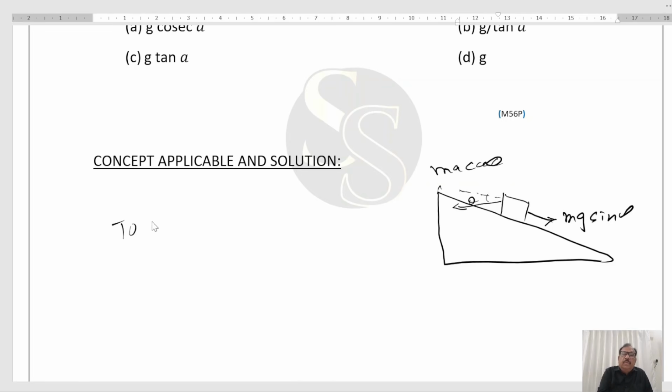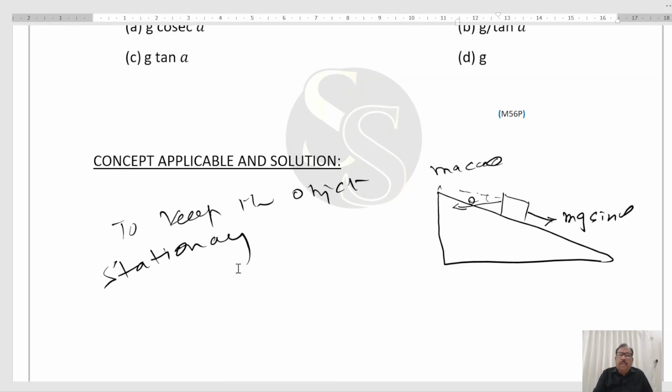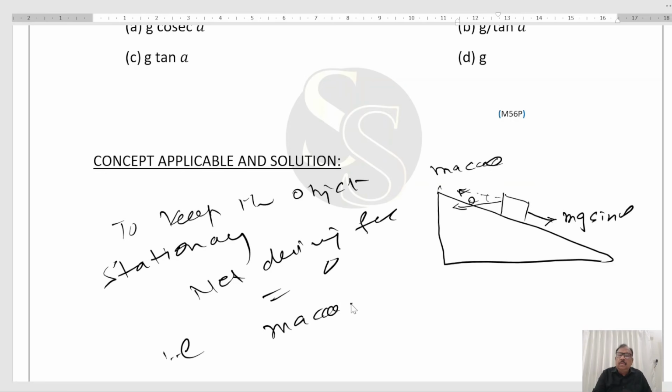To keep the object stationary, net driving force should be equal to 0. That is, this will be Ma cos theta. Ma cos theta should be equal to Mg sin theta.